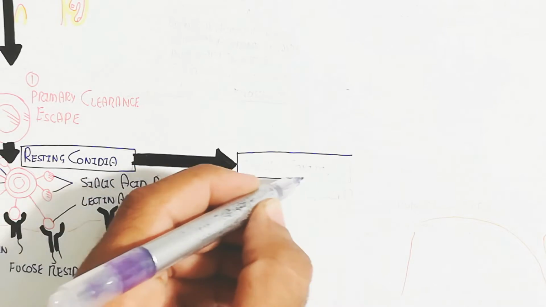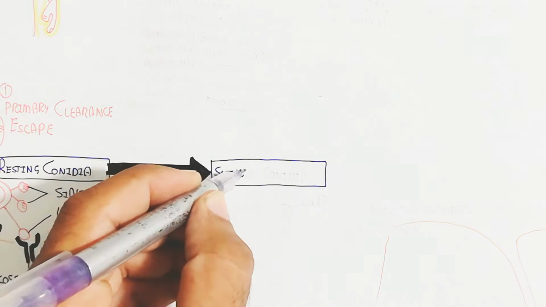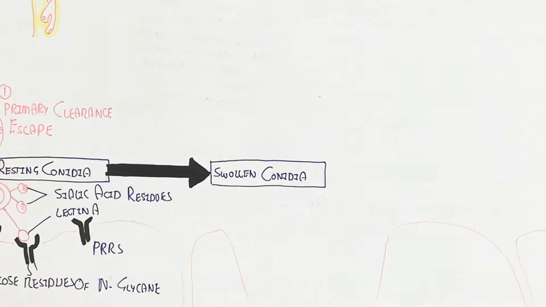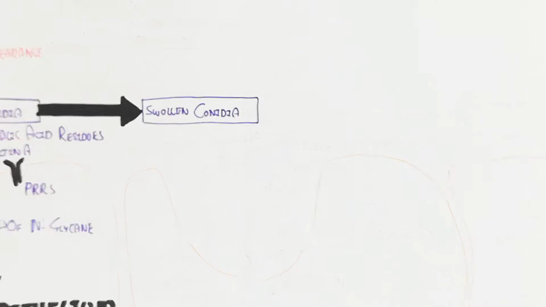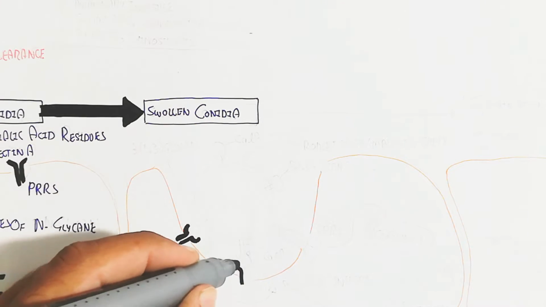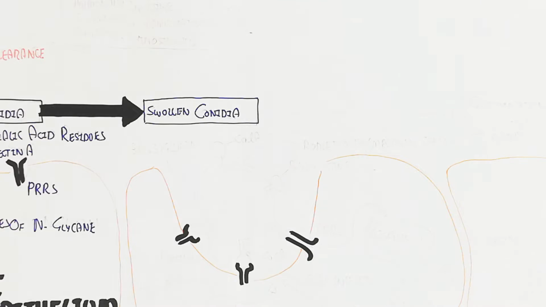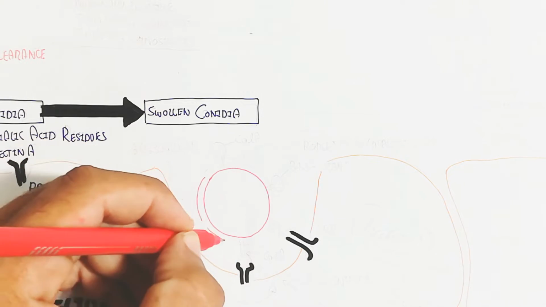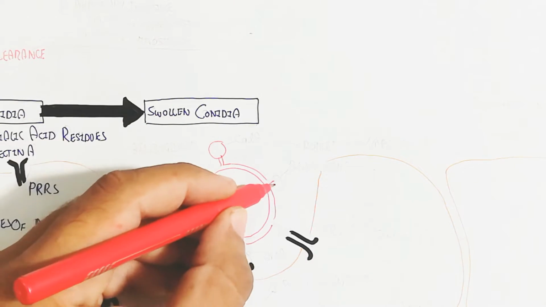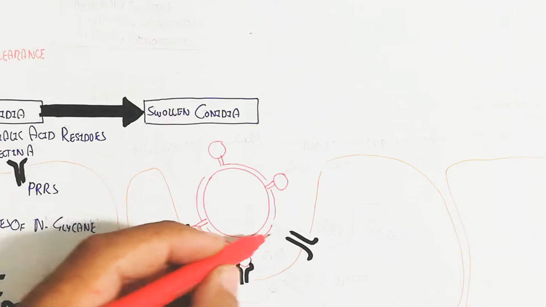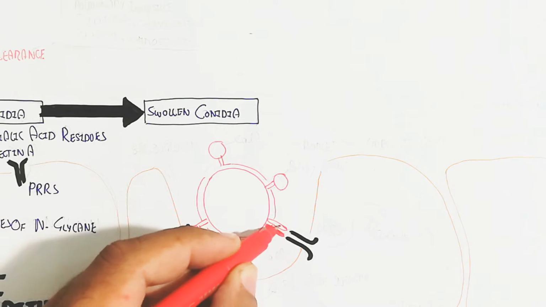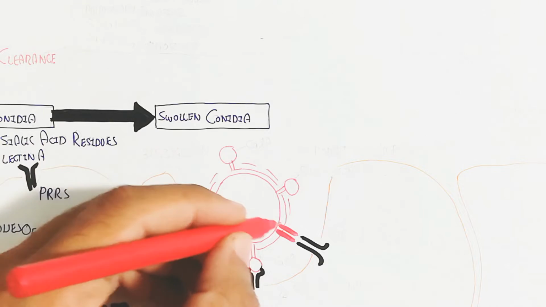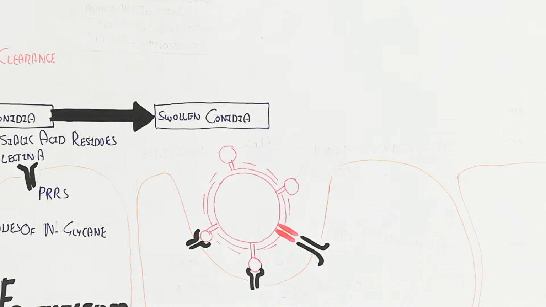Basically, this is a resting conidia still. But in the case of swollen conidia, after the binding with dectin 1 and the CALA, the CALA and the pathogen recognition receptor bind.